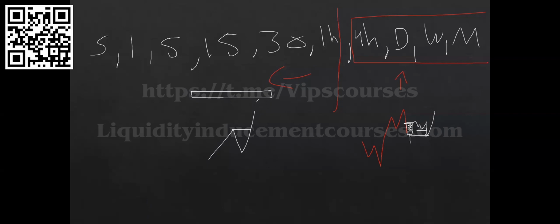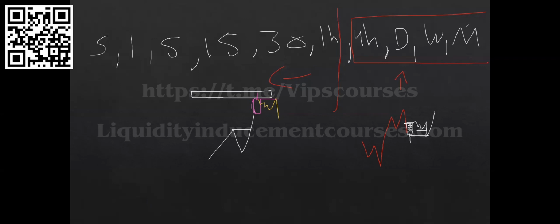That means you have to check the weekly candle closure every week to see what happened. Let's say the weekly candle came into here and then left a big wick. That can be used as a point of interest. We use every time frame.